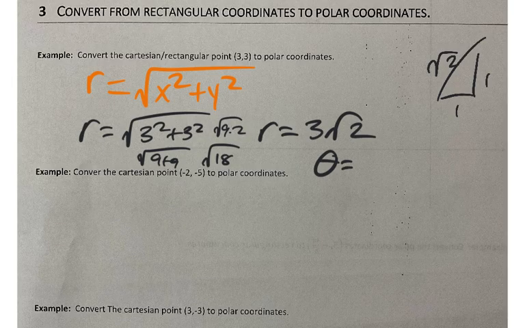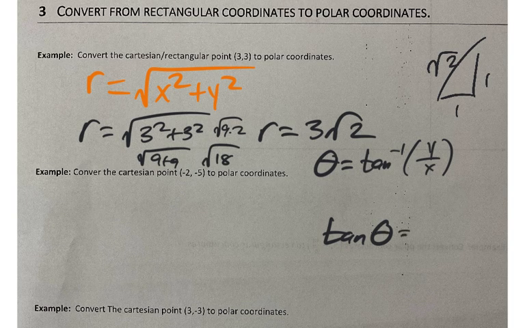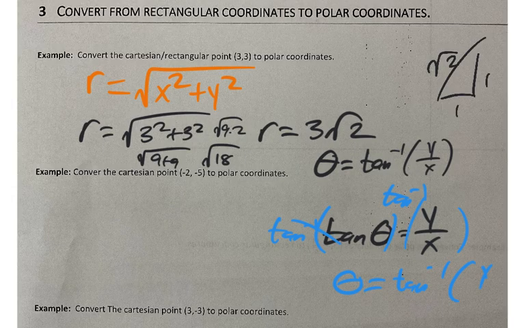Now how could I find theta? Theta is the inverse tangent of y over x. Where'd that come from? Well, we know tangent of any angle is y over x. And what am I solving for? I'm looking for theta. So I take an inverse tangent of both sides. I don't have these formulas memorized, I'm just using my trig to find them.